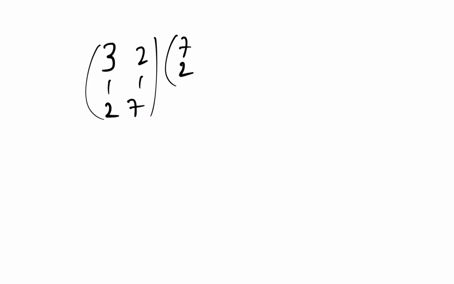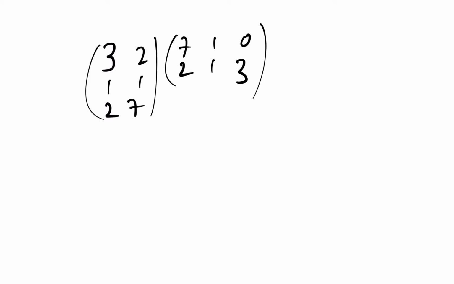Let me make another example. I have 3, 2, 1, 1, 2, 7, and I have 7, 2, 1, 1, 0, 3. Okay, firstly we're determining the order of the matrices.